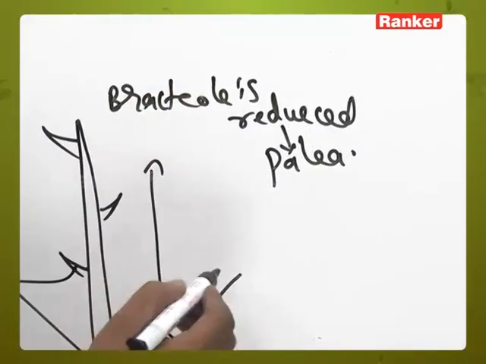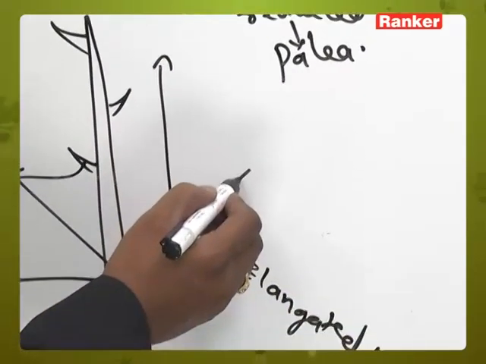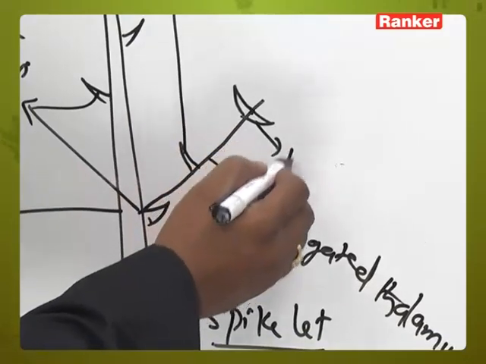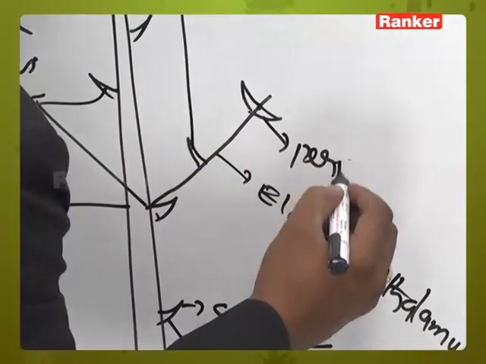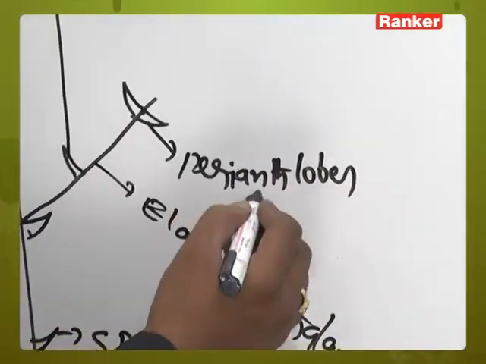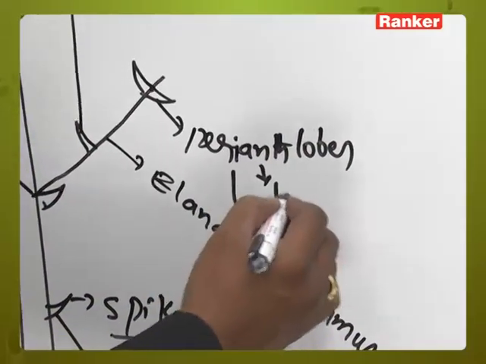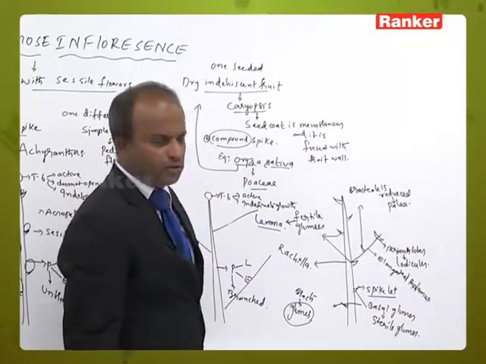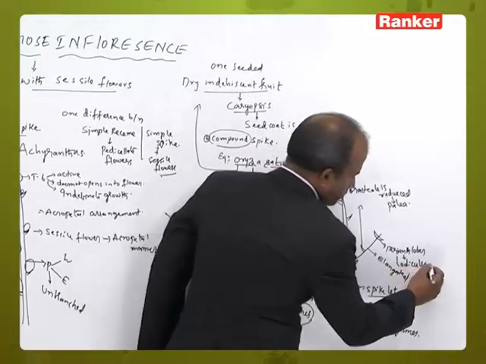And on this, the perianth lobes are reduced into lodicules. How many lodicules are present here?